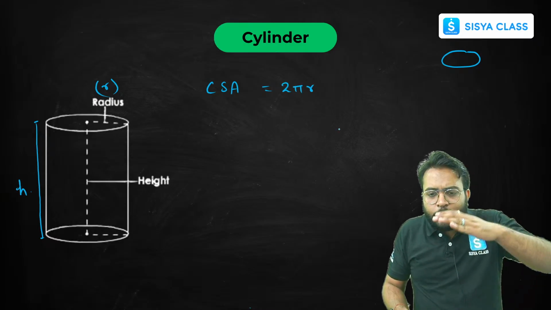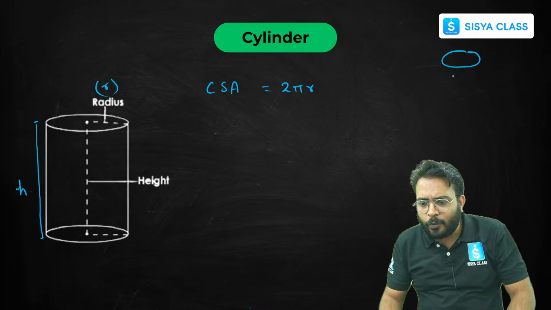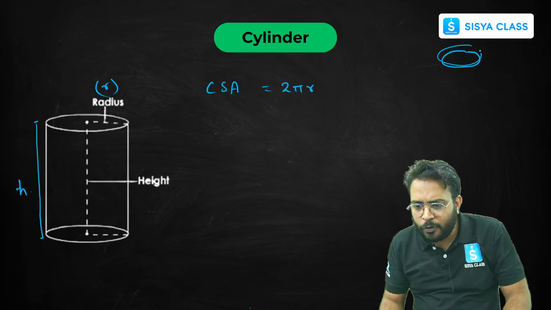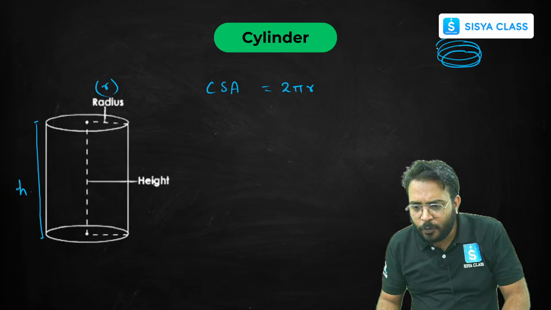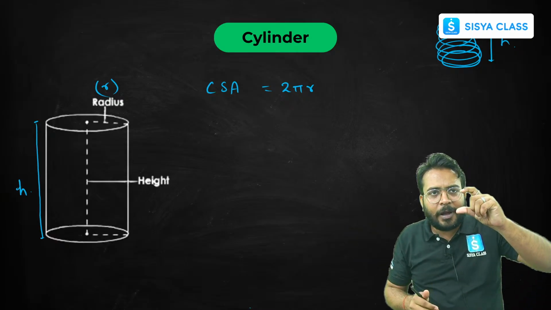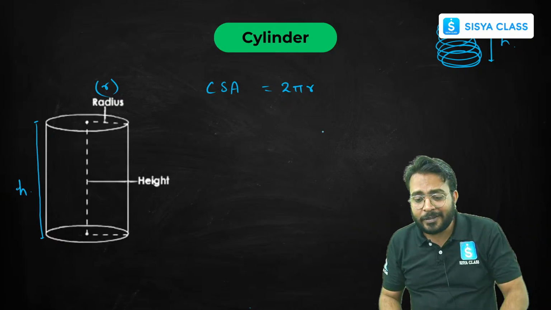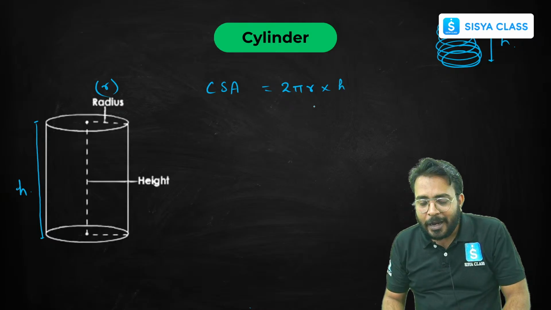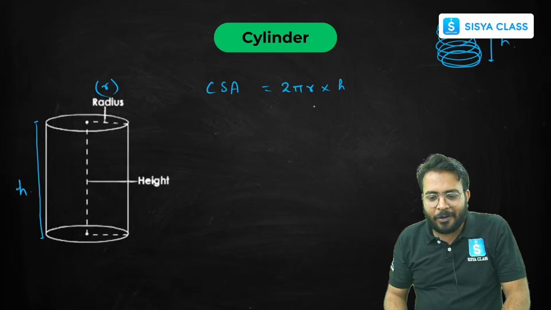Now suppose I place 10 coins one above the other. It is going to have some height. If I multiply this circumference by its height, it is going to give my curved surface area.